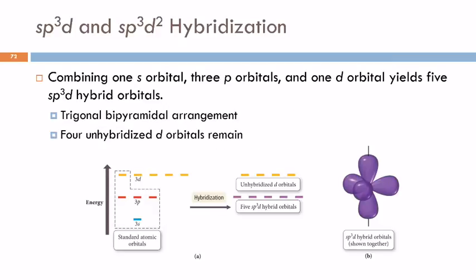So here we have S, P, and D. You can take the S and the 3 Ps and one of the Ds and combine those together. You're starting with 5 orbitals. You have to end up with 5 orbitals, right? And now this is called sp3d. It's got 1 s orbital in it and 3 p orbitals and 1 d orbital all smushed together. What's left? 4 unhybridized d orbitals.